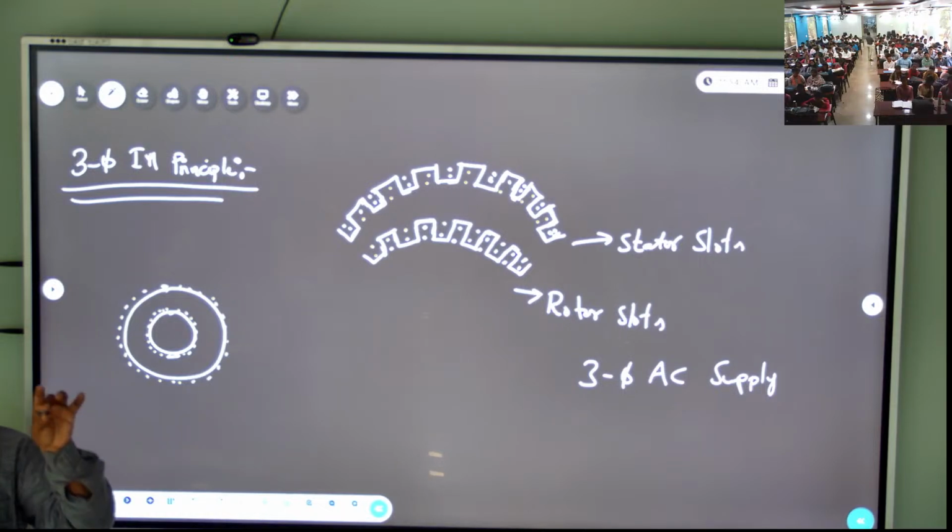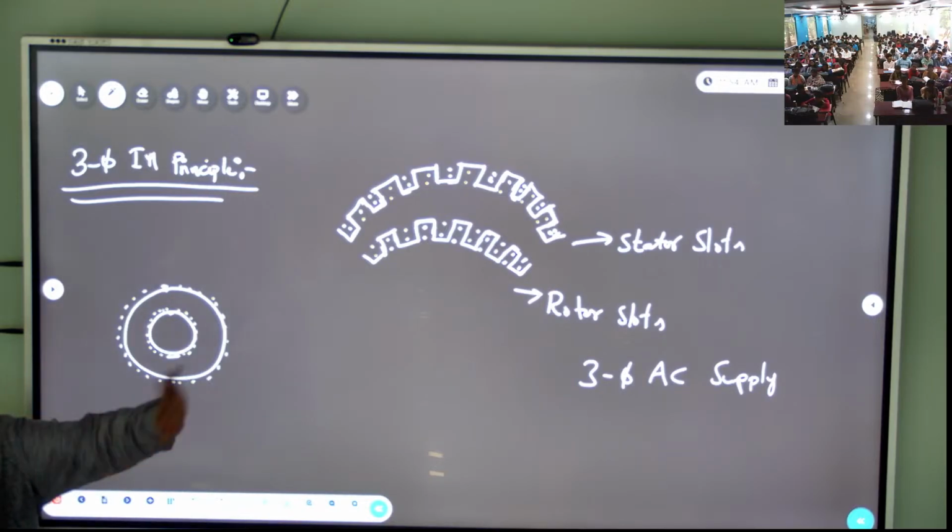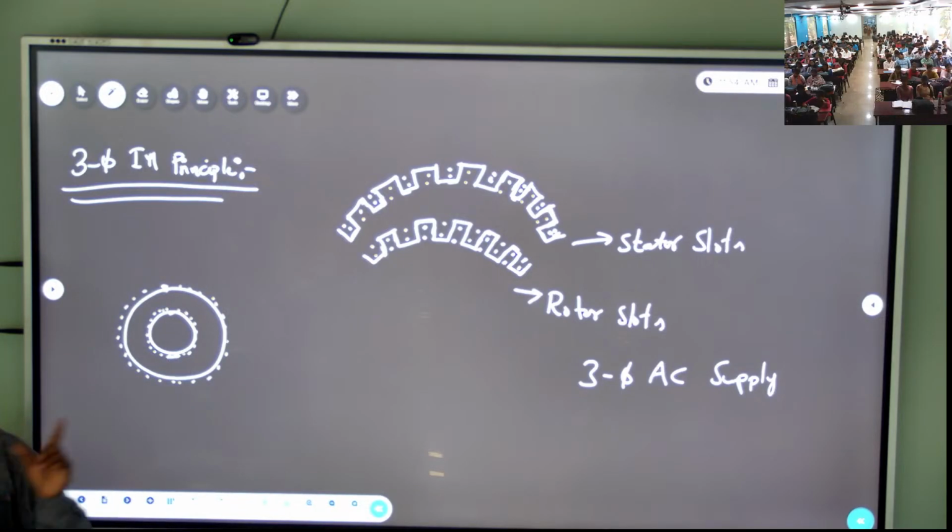A current-carrying conductor placed in the field rotates. Keep it aside, it does not apply to the AC machines. The AC machines consist of the induction motor and the alternator.